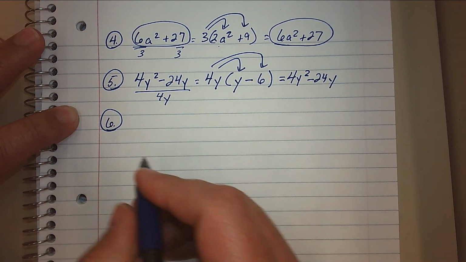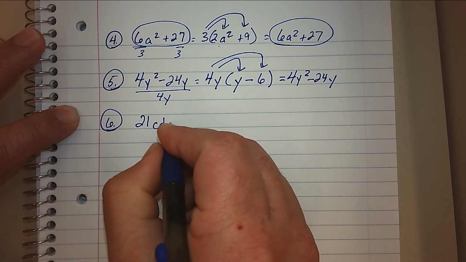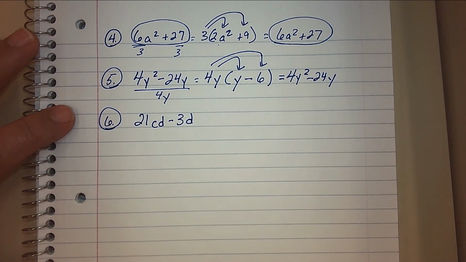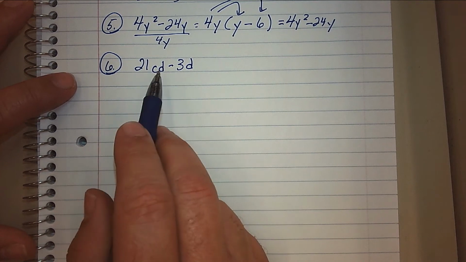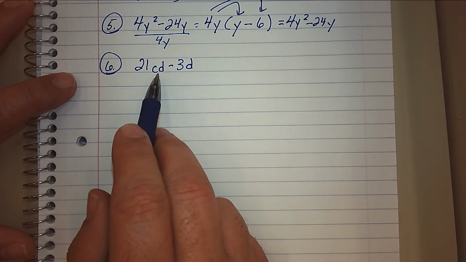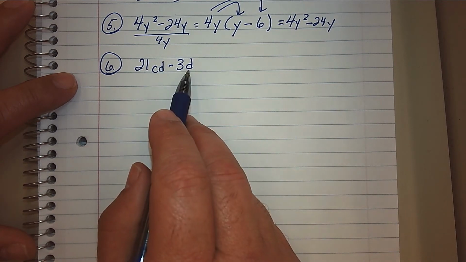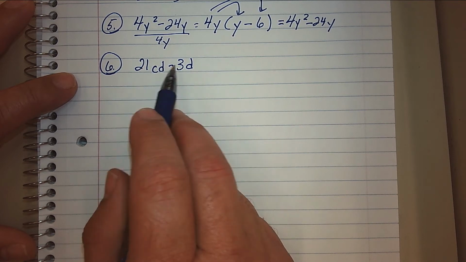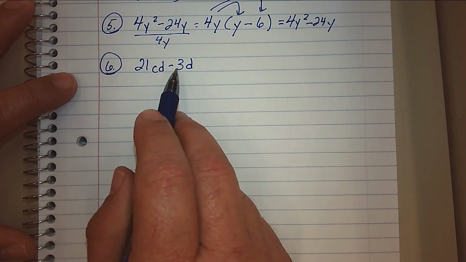What if we have the number in front larger than the second number? Well, there's a couple of different things going on with this example. One, of course, is that this number in front's larger, and these two have different variables. Now, since they both have d for a variable, I can pull a d out, and I still need to look at what will go into both of these numbers evenly. 3 is our obvious answer here.